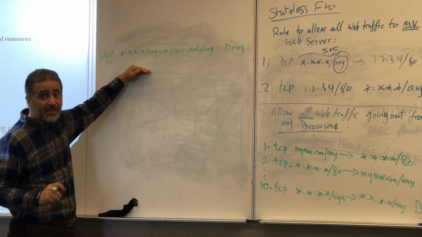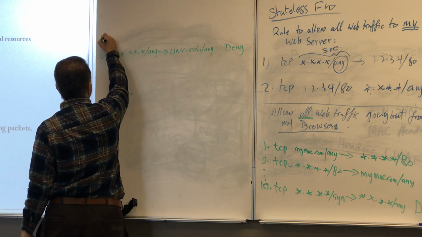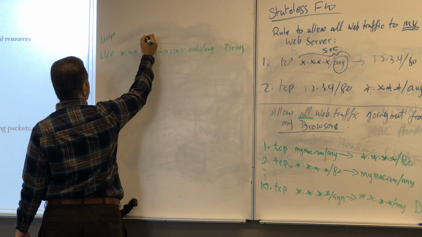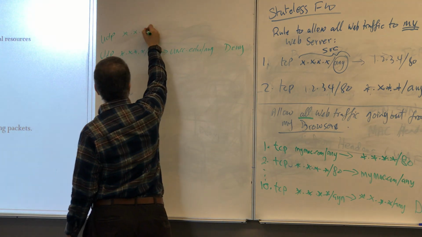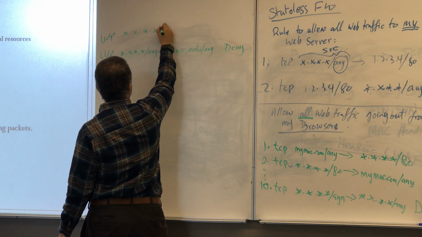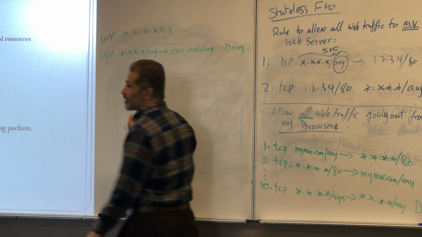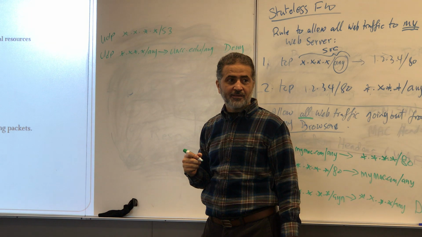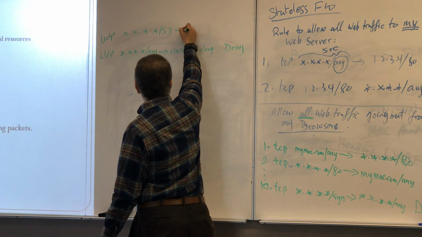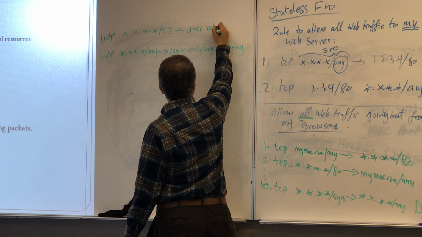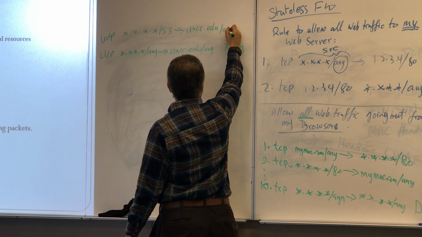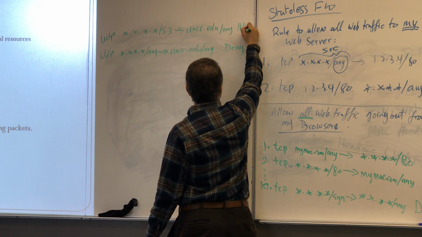So here is how we make exceptions in a firewall. Right before this rule, I can write this. UDP, coming in, from any, to uncc.edu, port 53, allow.